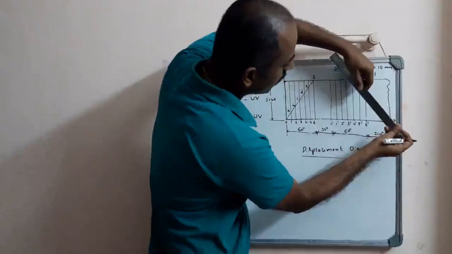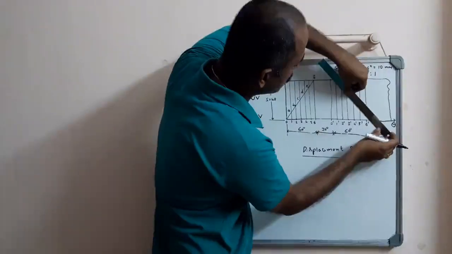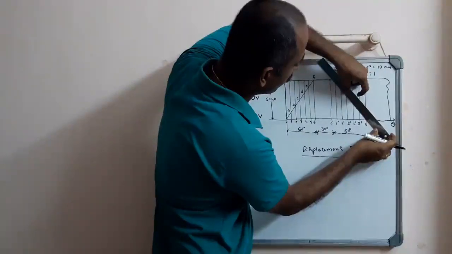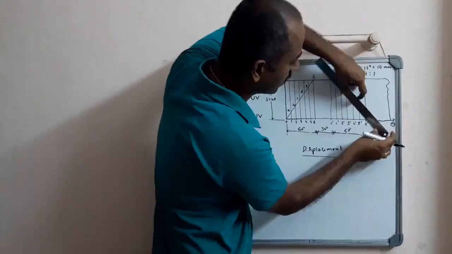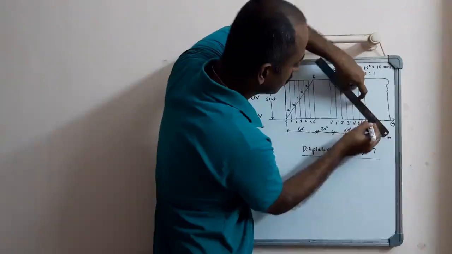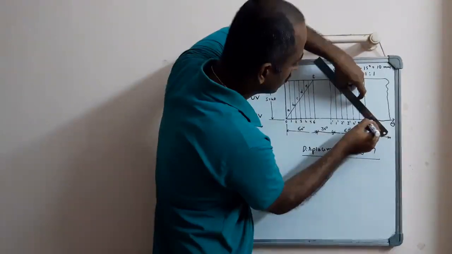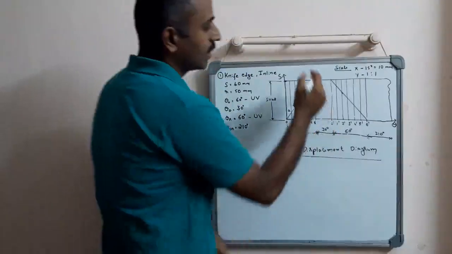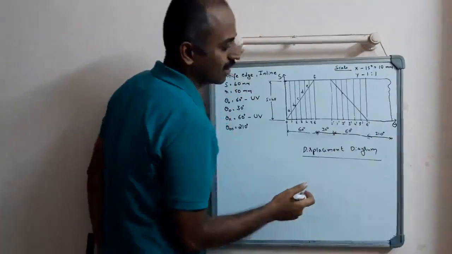Then coming to the return stroke, which is also of uniform velocity, just connect the opposite corners. And the displacement curve will intersect the division lines.